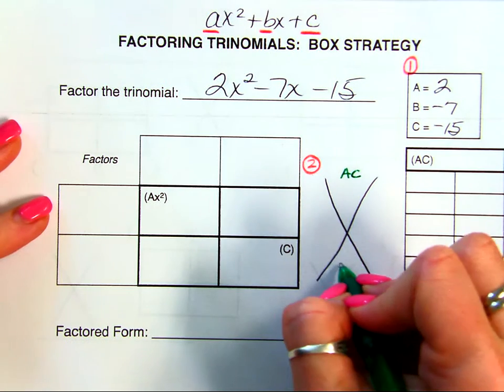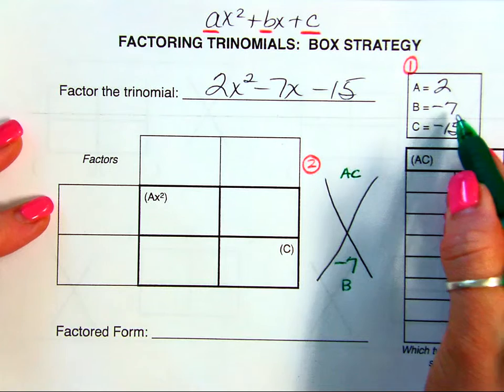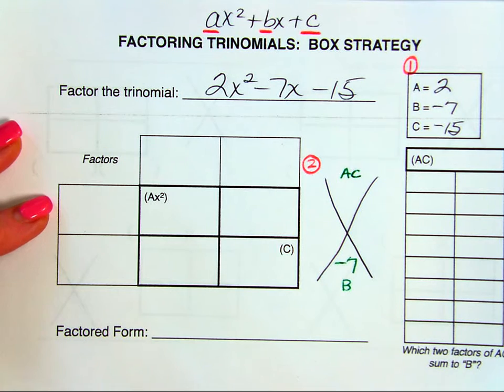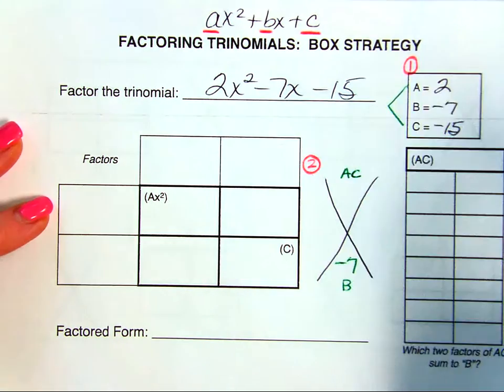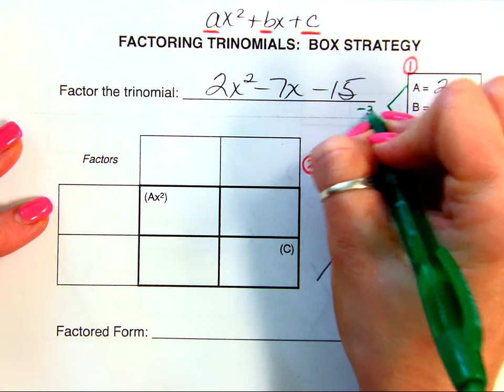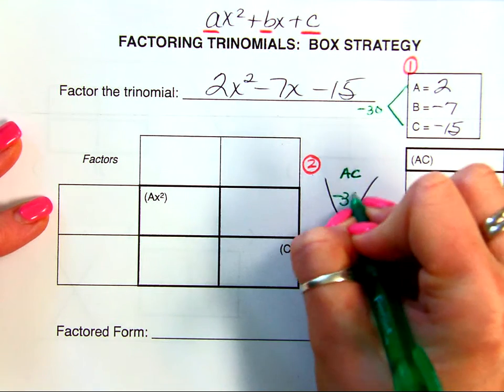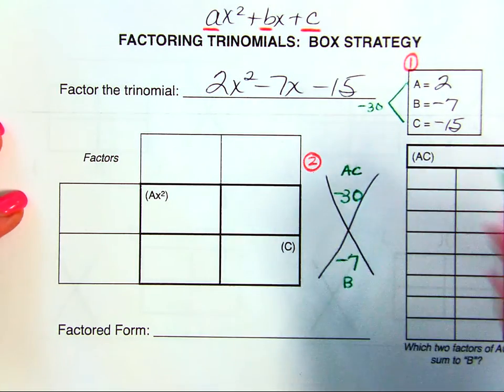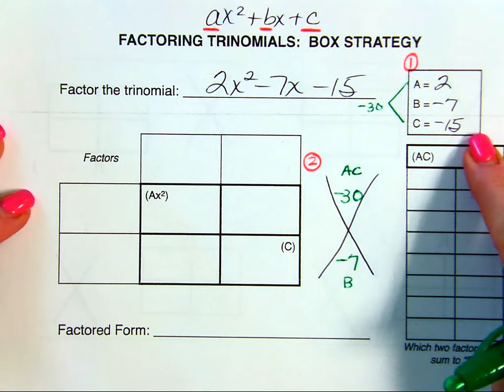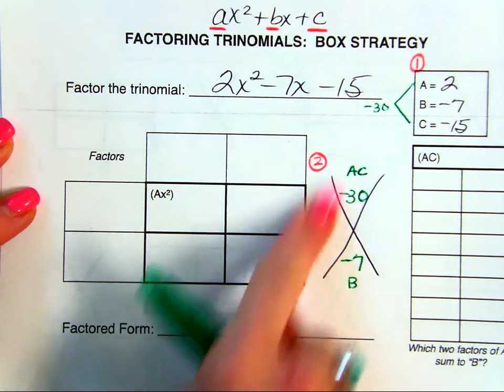So you know that that's just going to be negative 7, because that's my b. And then what is a times c? A times c is negative 30, so that goes there. Okay, so that's step 1, identify a, b, and c. Step 2, fill out your X box.